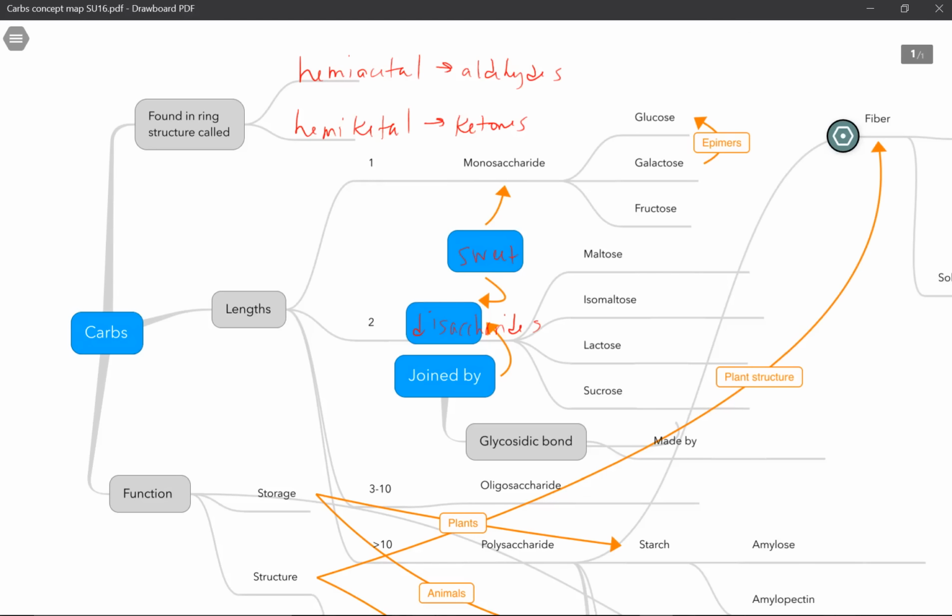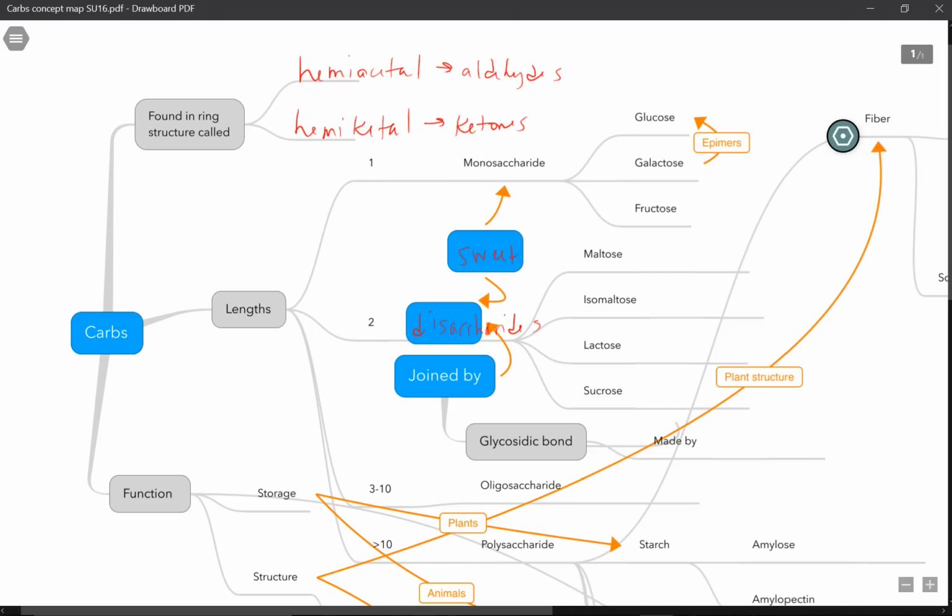With our disaccharides, we have several different ones that we had discussed. We had maltose. Maltose is glucose alpha 1,4 glucose. Isomaltose, which is an isomer of maltose. Both are breakdown products of starch and glycogen digestion.